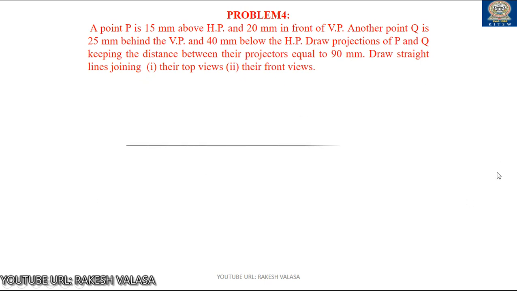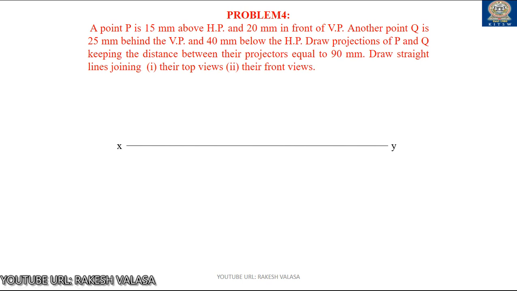First, draw the XY line. We know the part above the XY line is called the vertical plane and the part below the XY line is called the horizontal plane. First, you can locate the point P, that is 15 mm above HP and 20 mm in front of VP. This point lies in the first coordinate.